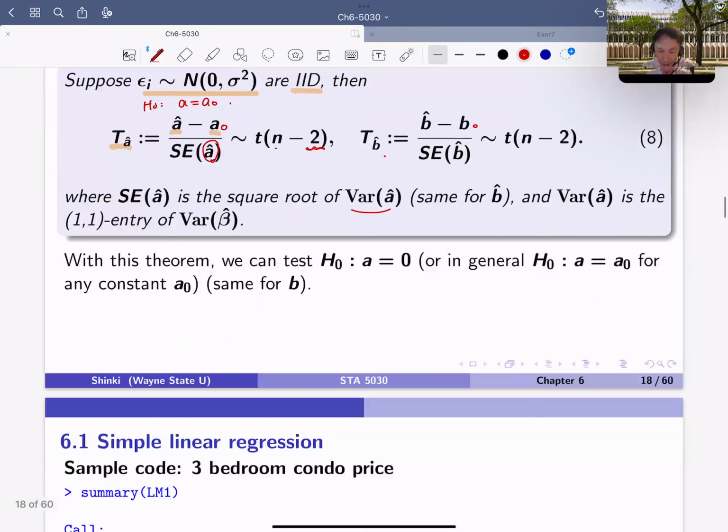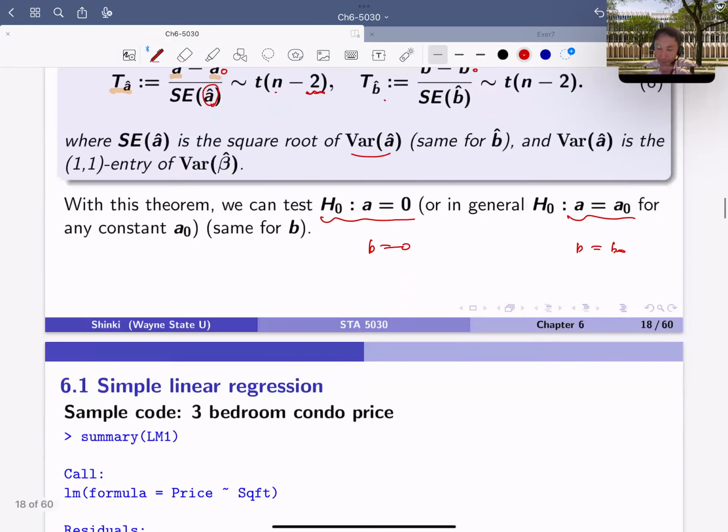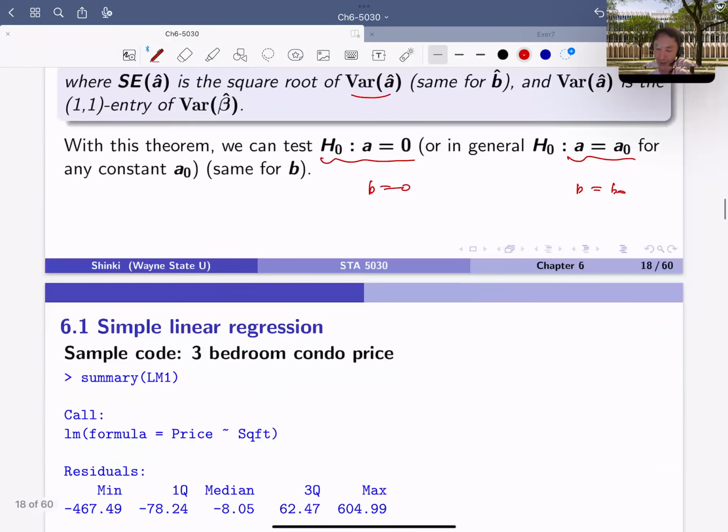With this theorem, we can test H naught such as a is equal to 0, or a is equal to a naught, or b is equal to 0, or b is equal to b naught. We can test this kind of hypothesis. Often we are interested in testing whether a or b is significantly different from 0. And sometimes b is equal to 1 is a good hypothesis to test.